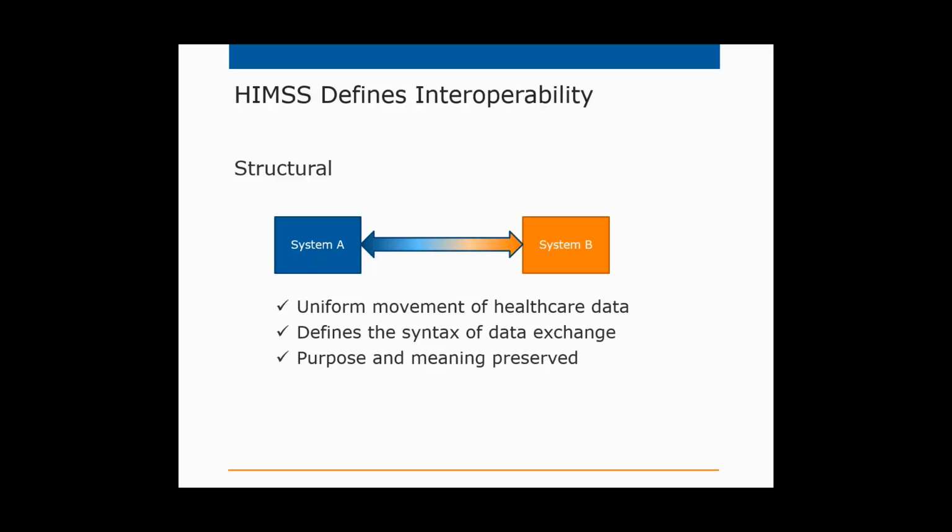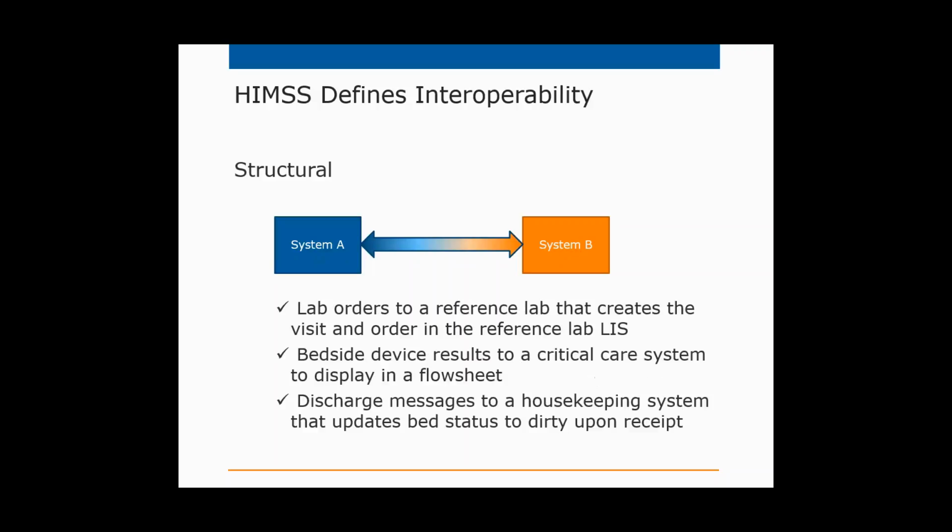It will be interpreted, so when we send it to you, we know what you're expecting, and the purpose and meaning is preserved. So it's going to be understood by the recipient. And this ensures that it's interpretable at the data field level. So we have the structured data. We're making sure the recipient can understand it. We're sending it in the way that they said. Maybe you have a spec that you're working to.